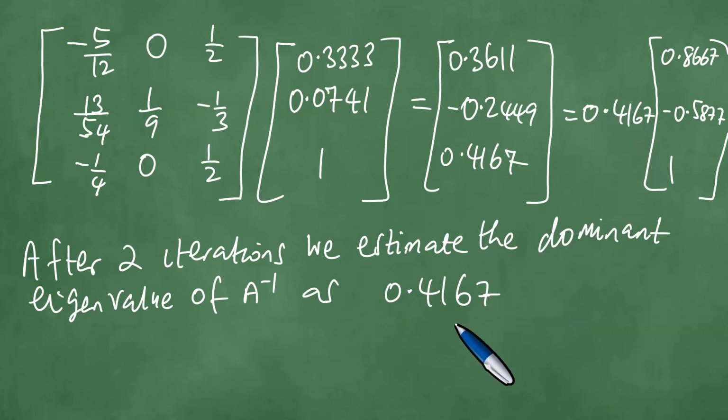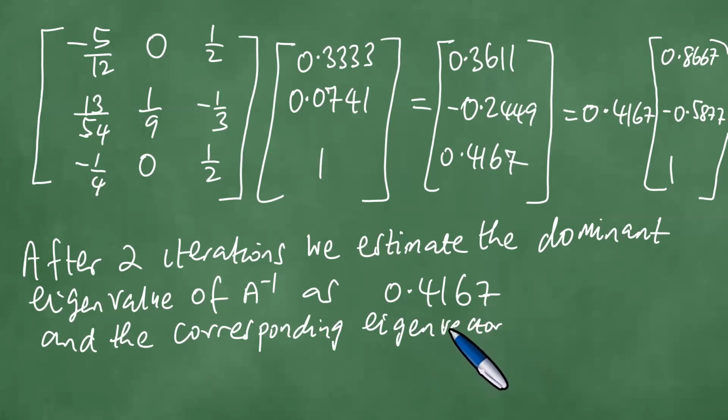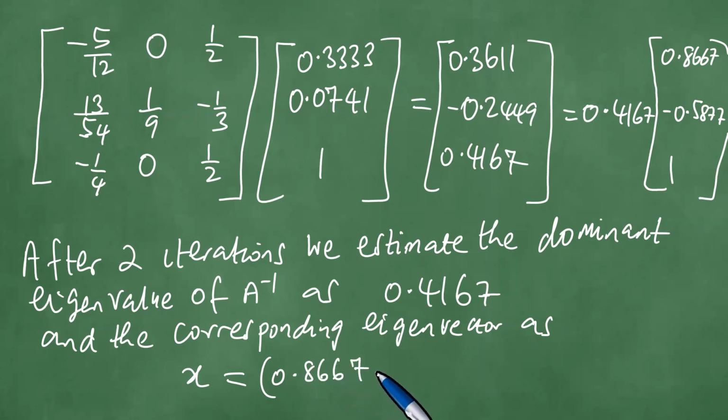And the corresponding eigenvector, which is 0.667, minus 0.5877, then 1.